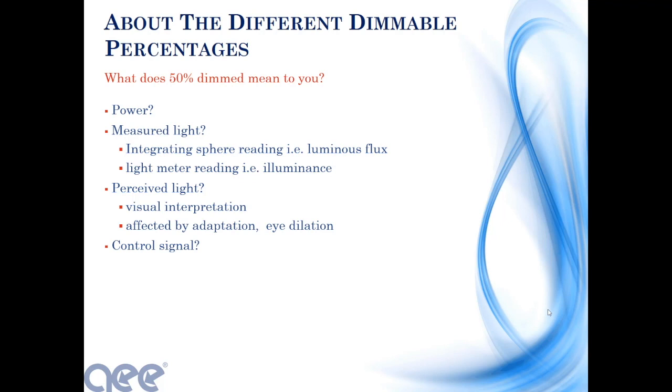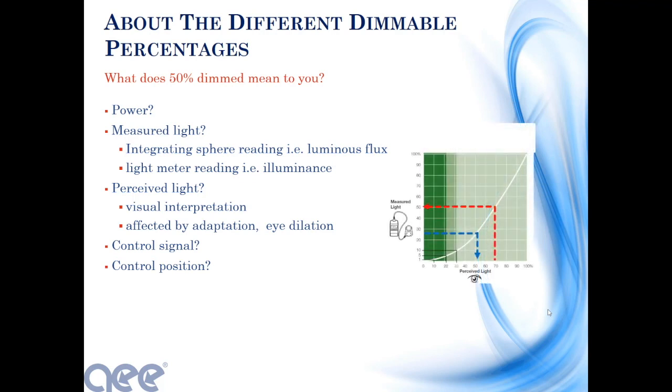Just like the dimmer on the wall, the rotary dimmer. When you turn it, you expect certain things to happen, right? You could turn it all the way and the lights feel like they're almost the same. So the control signal, I dimmed it 50, meaning I turned it halfway. Does that mean you dimmed 50%? No. So you have to be really careful.